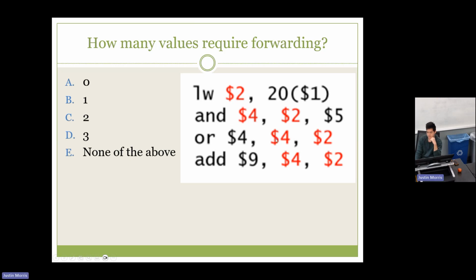And then in the next clock cycle, where is AND? Right back. OR is in memory. Add is in execute. So we have this that we would potentially need to do, right? From AND to 4.